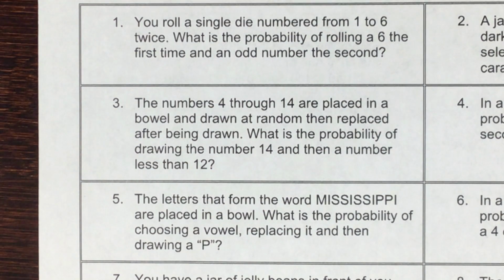And on the second event, what's the probability of drawing a number less than 12? The numbers are 4 through 14. So how many are less than 12? 12 is not included. So we got 4, 5, 6, 7, 8, 9, 10, 11. 8 out of what? 8 out of 9.